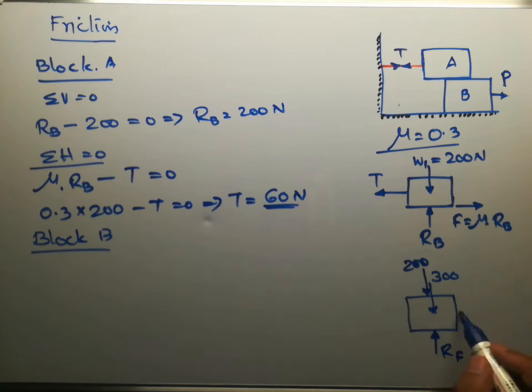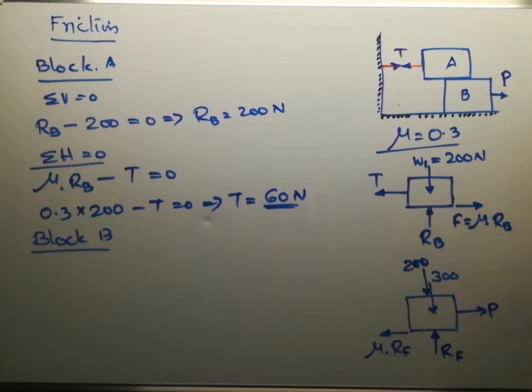Then we have the force P in the horizontal direction. As this block under the action of P has a tendency to move in this direction, the frictional force at the contact surface between the floor and the block is mu into the normal reaction RF.